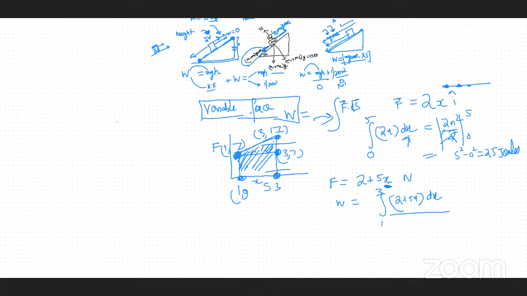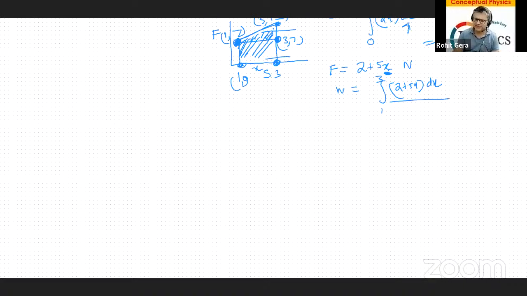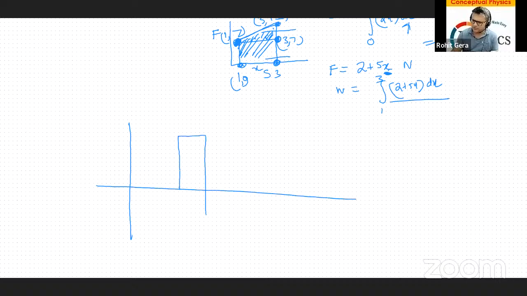So let's do some simple questions. ये थोड़ा सा इंटरेस्टिंग टॉपिक है करने के लिए. So let's say you have this situation where you have a force versus x graph, obviously displacement versus force है.